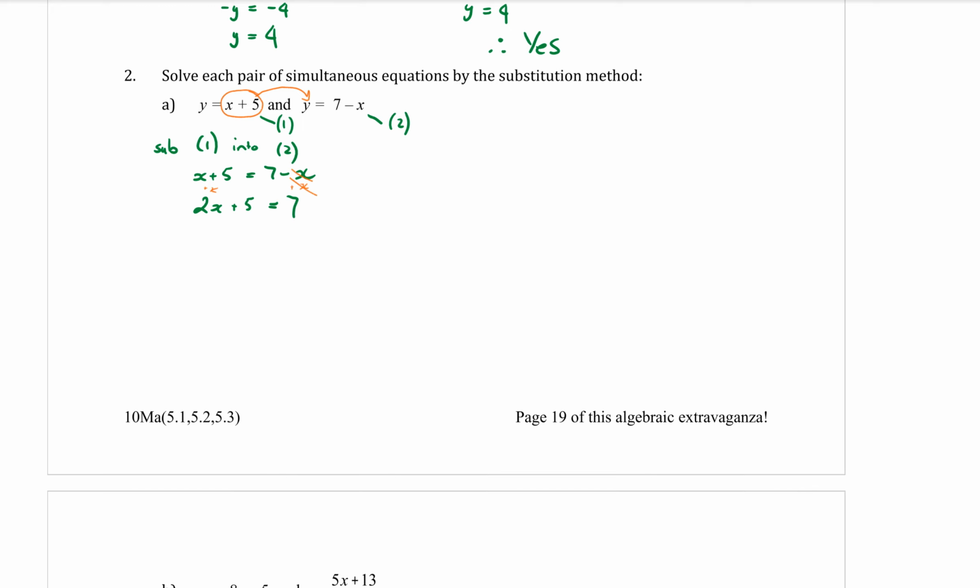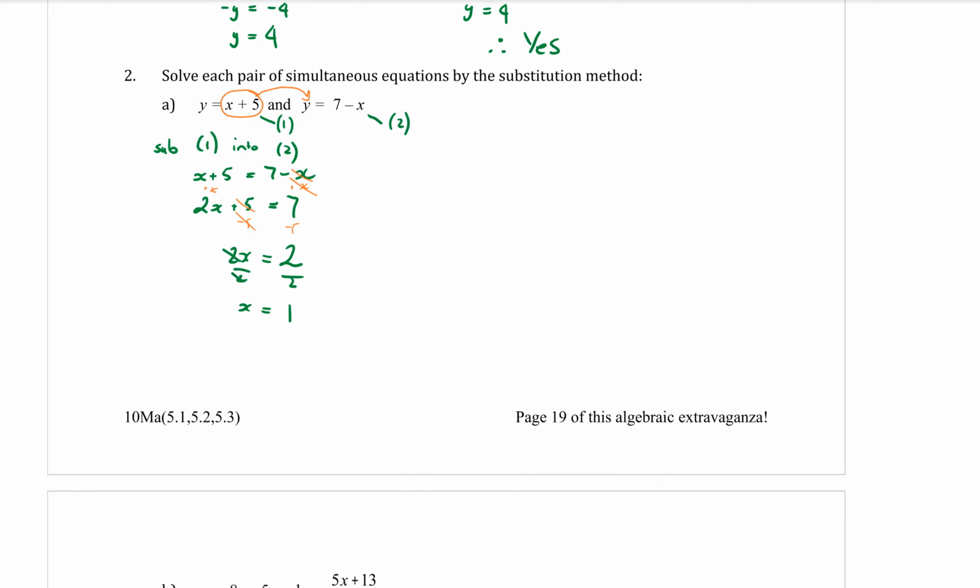Then I have two numbers to get away from that x. So first of all, I'm going to subtract the 5. 2x equals 7 take away 5, which is 2. And the last step is to divide by 2, which means x is equal to 1.